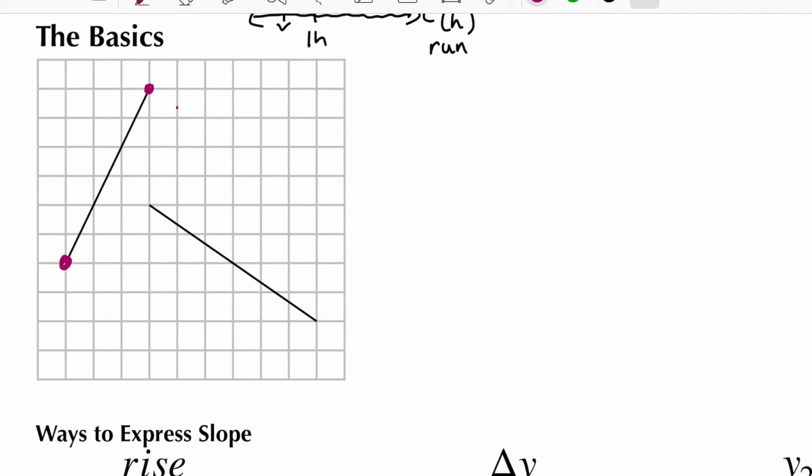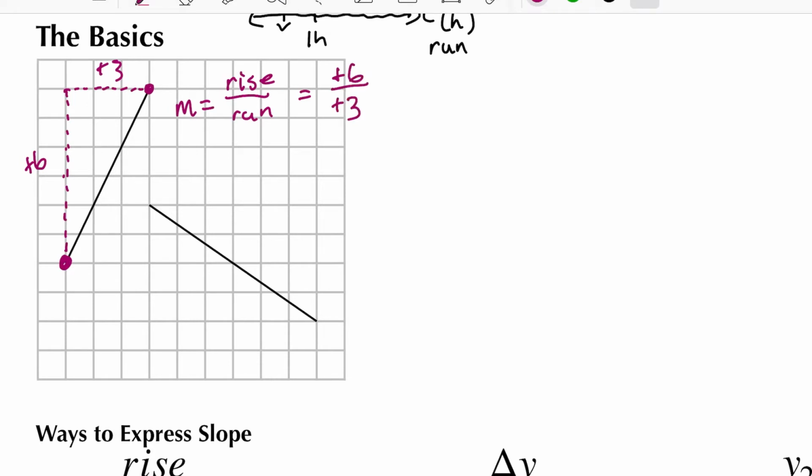Our slope is equal to our rise over our run. So I count up the rise: 1, 2, 3, 4, 5, 6. The rise goes plus 6, and the run, plus 3. So in this case, our rise is plus 6 over a run of plus 3.